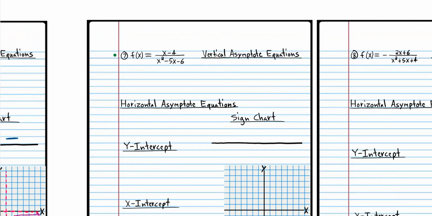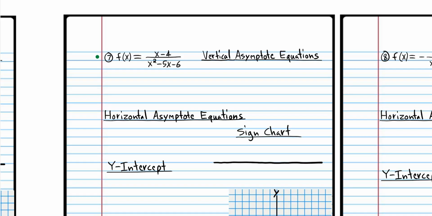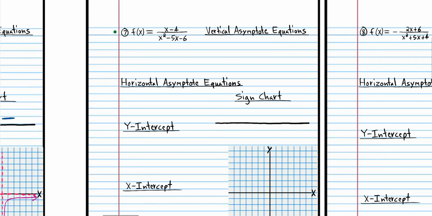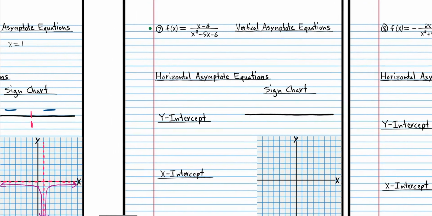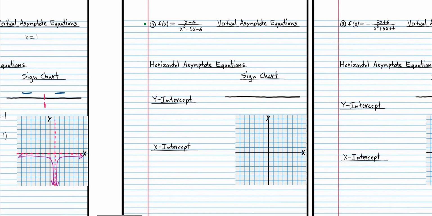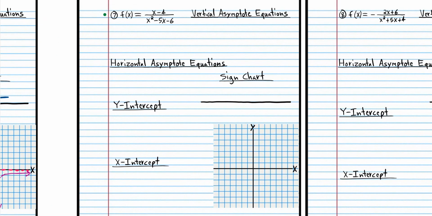Because this rational function is in proper form, the degree of the polynomial in the numerator is less than the degree of the polynomial in the denominator. Our theorem tells us that there must be a horizontal asymptote on the x-axis. And to find the location of the vertical asymptotes, you have to factor the denominator. So go ahead and try number 7, and when you come back, we'll do it together.